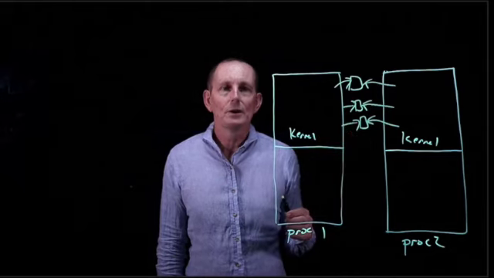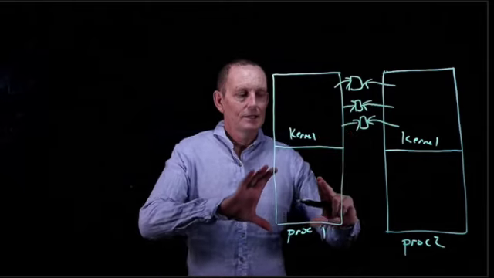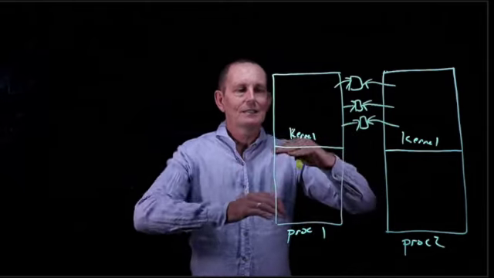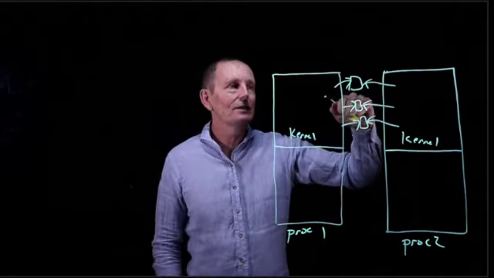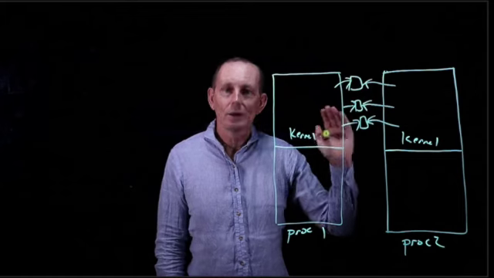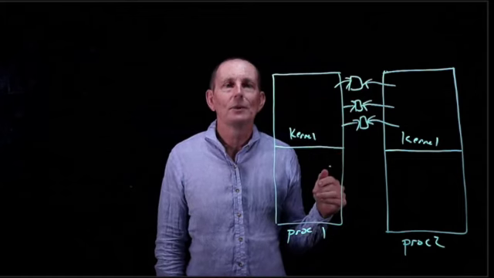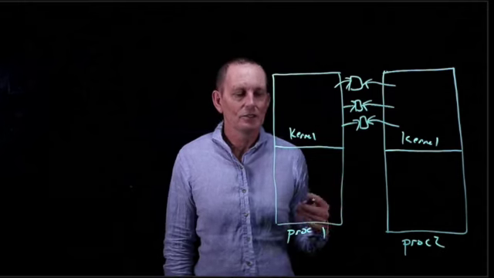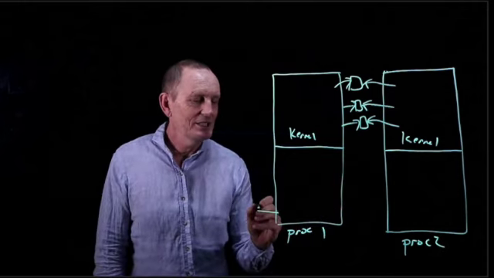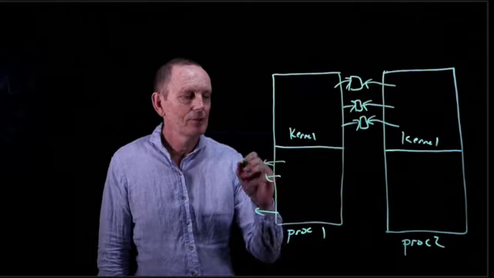So while we're in user mode, the process can only access the bottom half of the address space. It doesn't have any access to the top half, because if it tries to access any of these, it'll get a page fault because the p bit is not set. However, the p bit is set in the lower half of the address space, and these will be separate mappings.